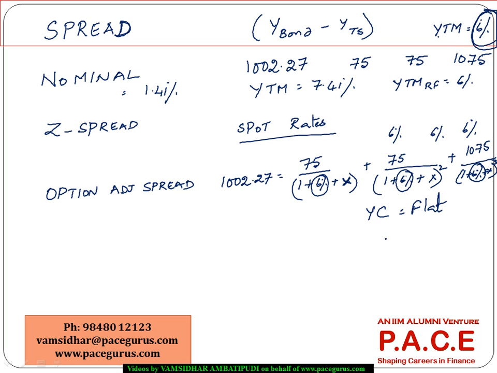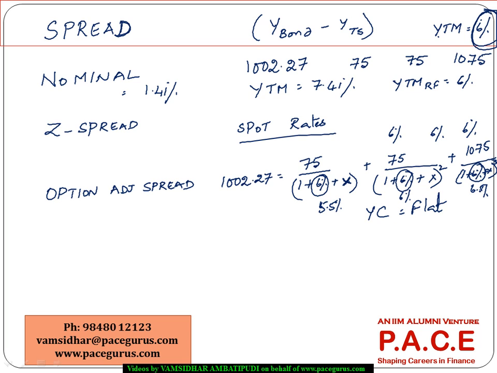But when I see that the rate is not flat, probably it is 5.5% here, 6% here, and 6.5% here, that is where I see that the zero volatility spread may be different from a nominal spread.